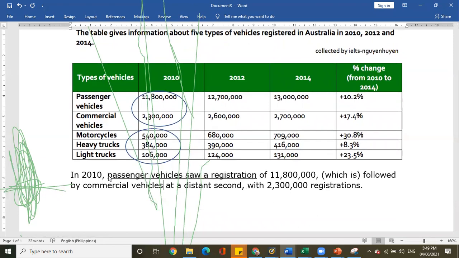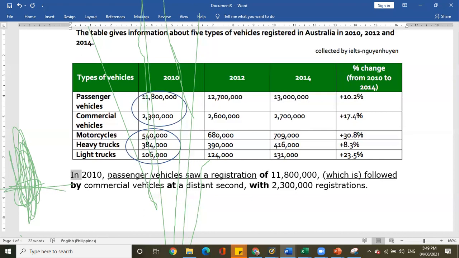And then this is your second SVO, which is followed, and then that one is your adjunct marker. That one is your adjunct marker. Are you seeing how this works, guys? Is that clear, people?